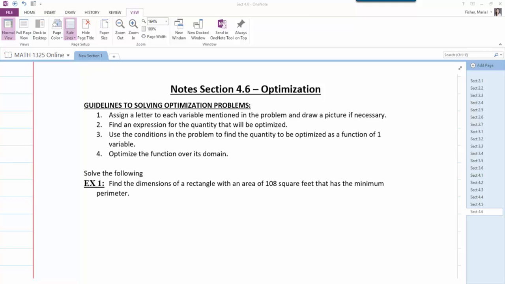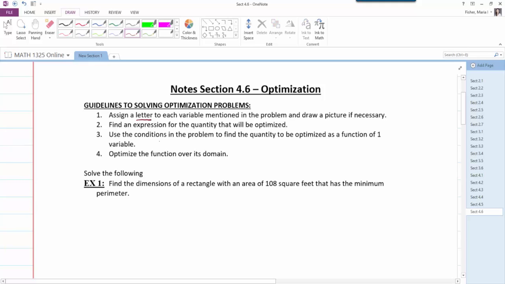It says to find the dimensions of a rectangle with an area of 108 square feet that has the minimum perimeter. So it wants us to first assign a letter to every variable. If we are looking for the dimensions of a rectangle, we know that we're going to have length and we're going to have width.